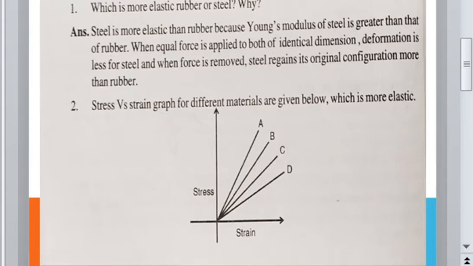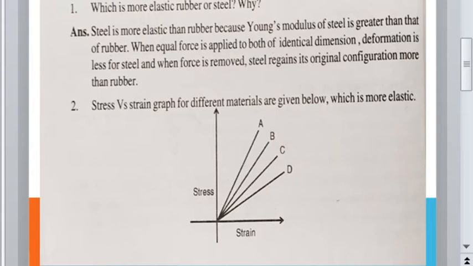We know that elasticity is the ability of a material to regain its original shape after removing the deforming force. So here steel regained its original configuration after the removal of the deforming force. So steel is more elastic than rubber.